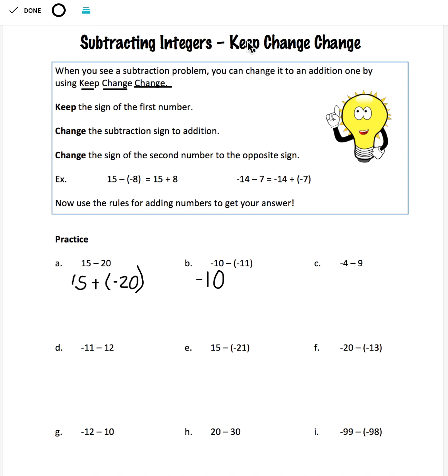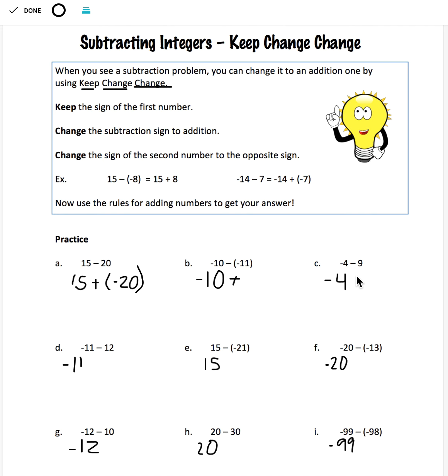Since the first step is keep, I'm going to go through each problem and just rewrite the first integer. Notice I'm not changing anything. I'm literally just rewriting this first integer. Now I'm going to go through and put an addition sign in.